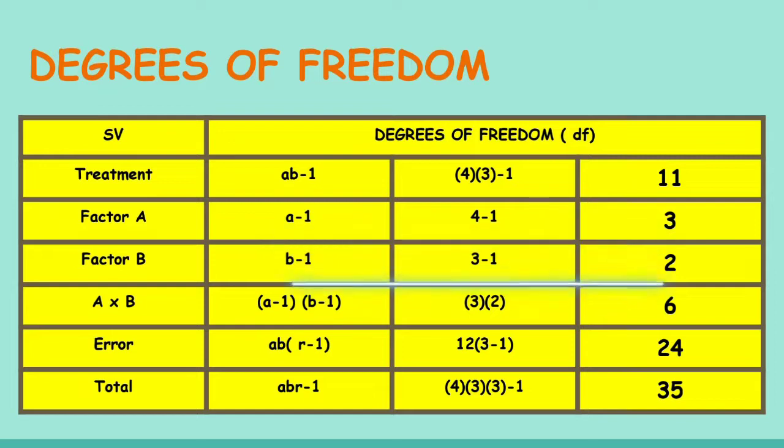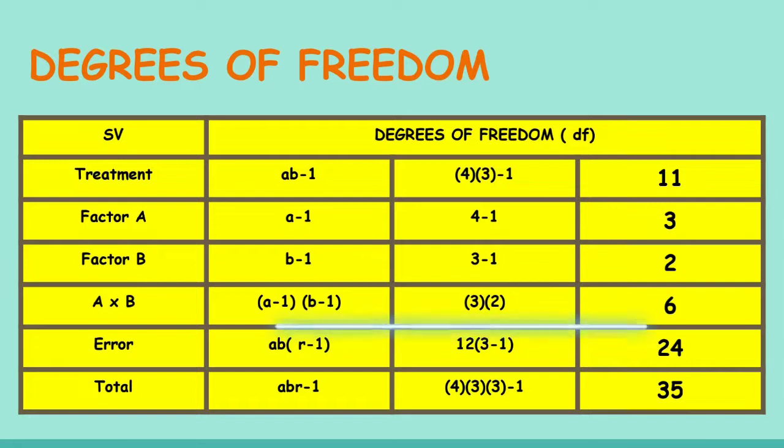For factor B, we have B minus 1 equals to 3 minus 1, total of 2. We have A times B equal to A minus 1 times B minus 1 equal to 3 times 2, a total of 6.